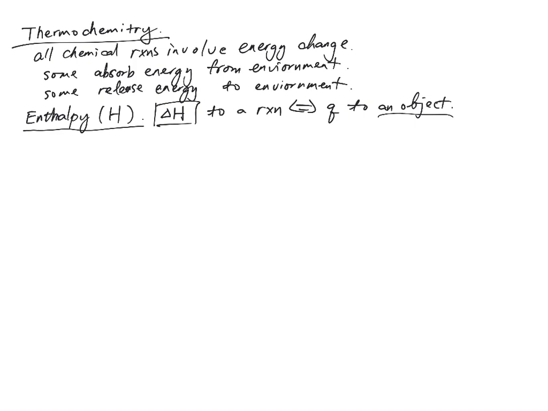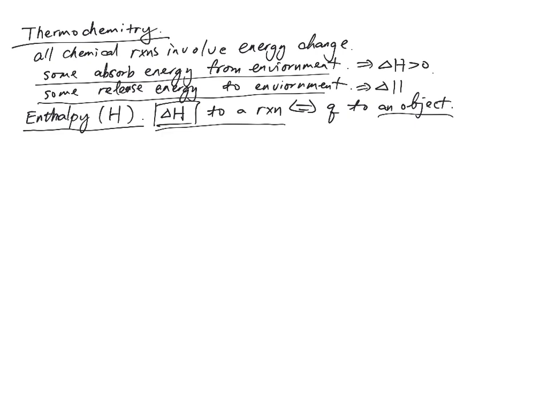Same thing for the reaction. A reaction could be absorbing energy from the environment, and then you would say the delta H for that reaction is positive because you're getting energy. If a chemical reaction releases energy to the environment, you would see the delta H labeled as a negative value because you're losing energy during the reaction.